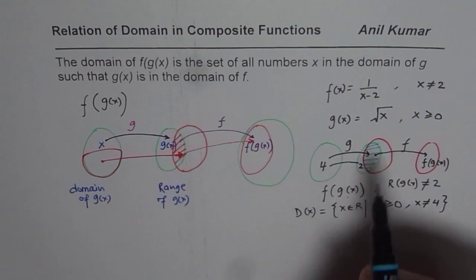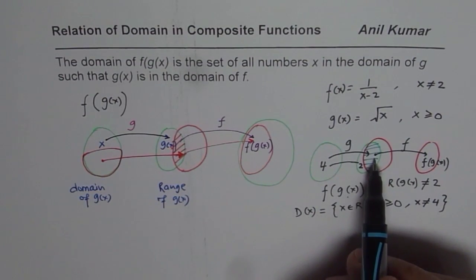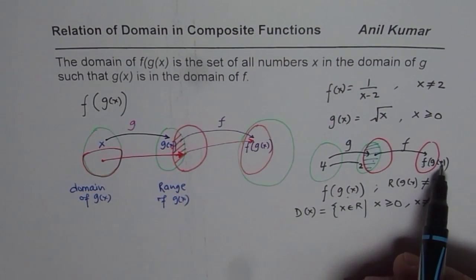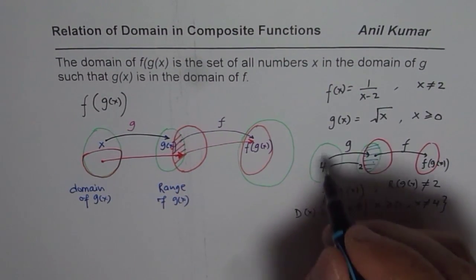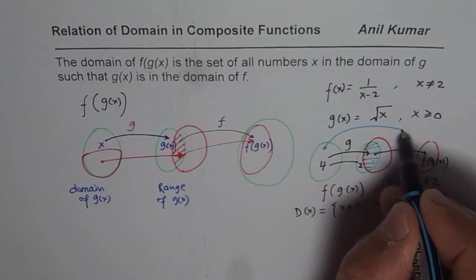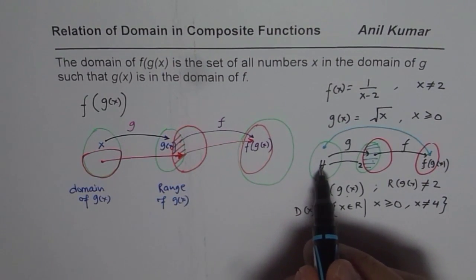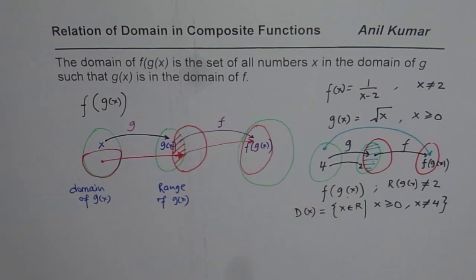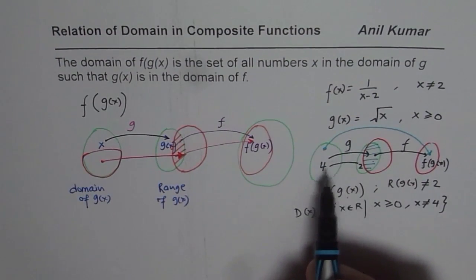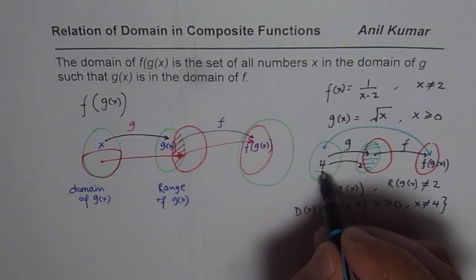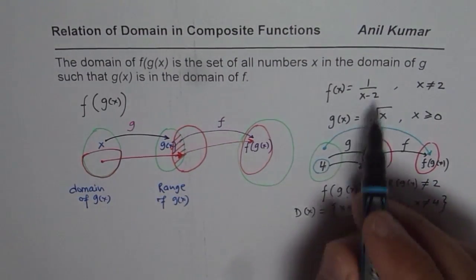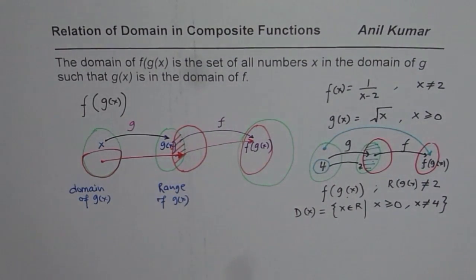In our example, the range of g of x minus 2 will form valid input for f of g of x, right? So we say the domain of the function f of g of x will exclude 4 from the domain of g. Do you get the idea? From the domain of g, we have to take away 4, since 4 will give us 2 and 2 will make f of x undefined. That is how you can understand the domain of a composite function.